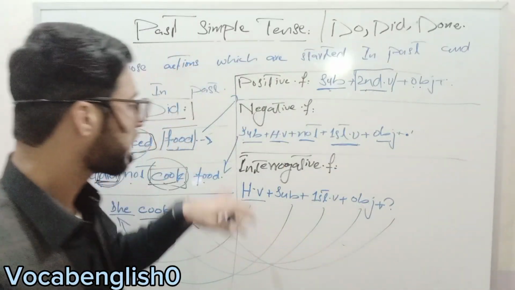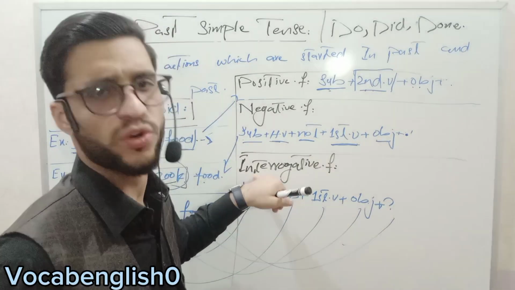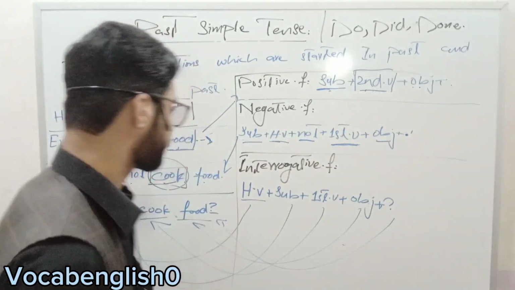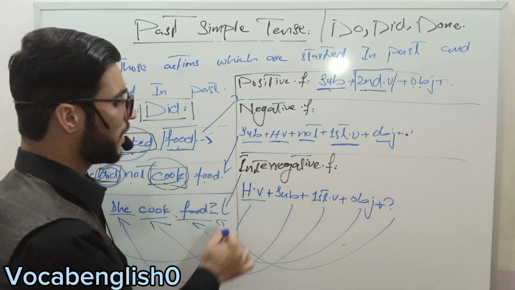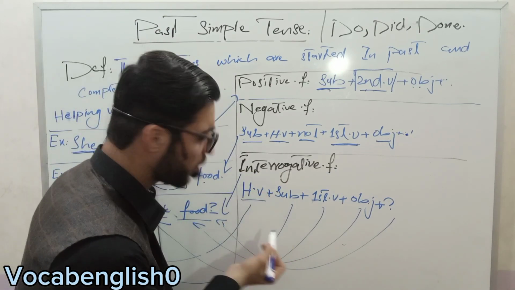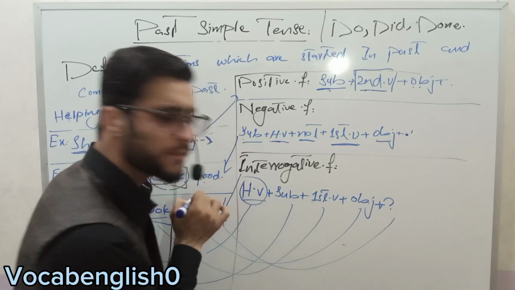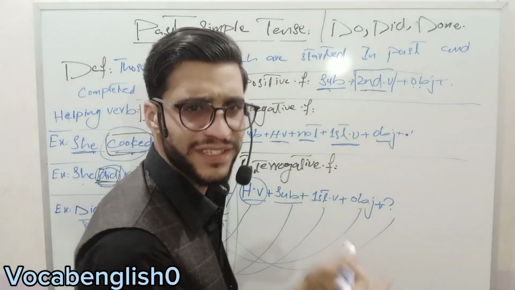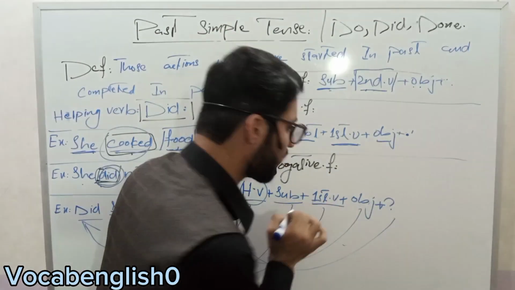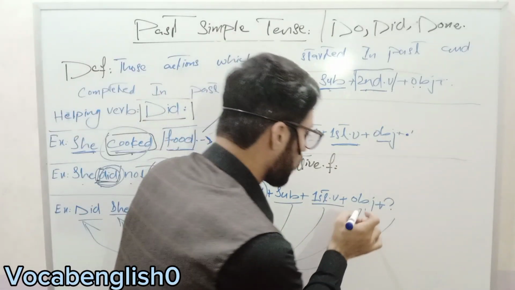After that the interrogative formula is there. What is the interrogative formula? Helping verb will come at the first in interrogative formula. Then subject will come. After that, first form verb will come. Then object will come.